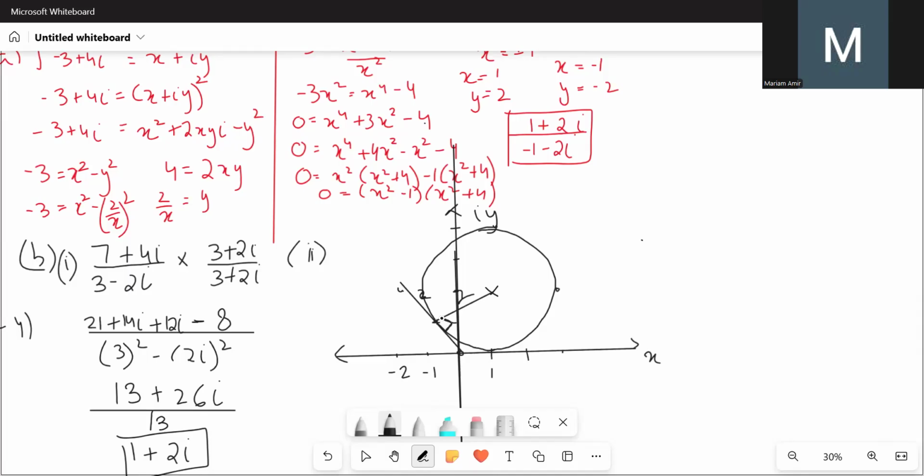Then we know that this point is 1, 2, and this point is 0, 0. So find the distance between these 2 points, 2 minus 0 whole square plus 1 minus 0 whole square under root. That's a square root of 5. So this line is going to be equals to square root of 5.